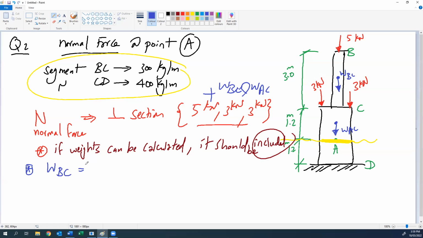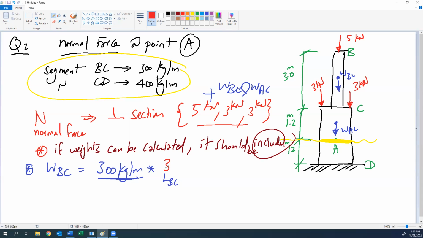It is given to us as a uniform load of 300 kilogram per meter. But we need to get the total load of this part, so we need to multiply it by the length of this part, LBC. What is the length of part BC? 3 meters.